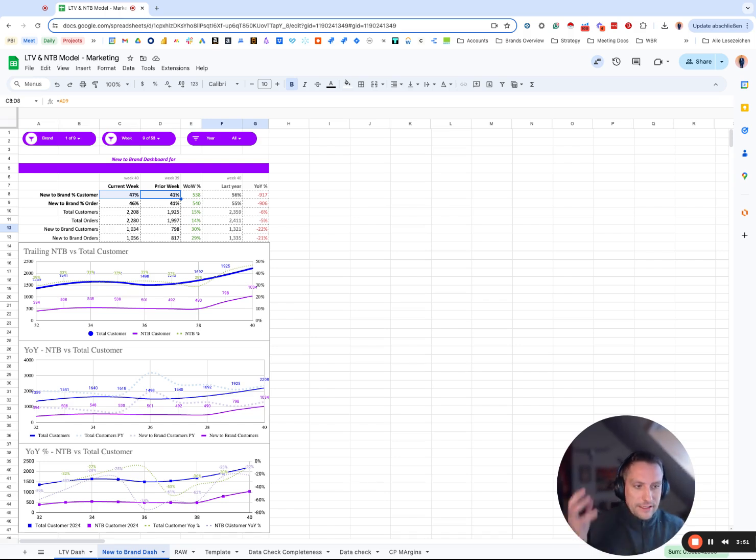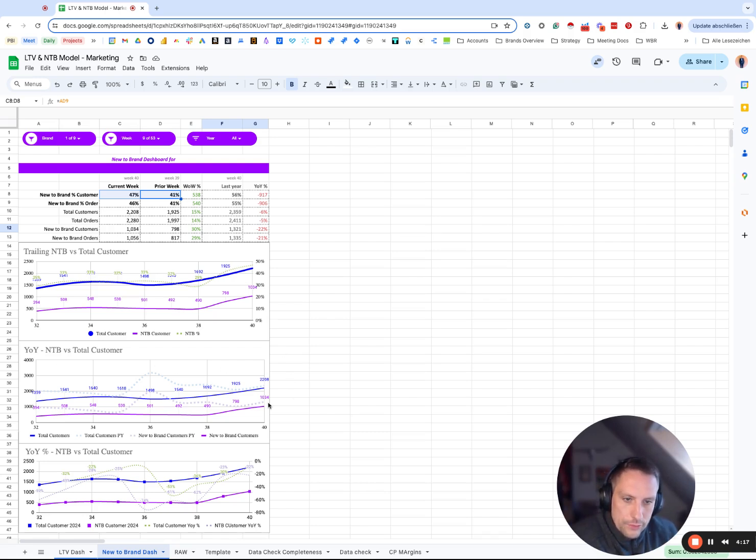But if you're not getting in new customers to the brand, you're not growing. It will be very hard to grow unless you figure out something that your repeat customers buy more frequently or in higher volumes. So yeah, that's what the report is for, to monitor these new to brand customers on the total brand level.